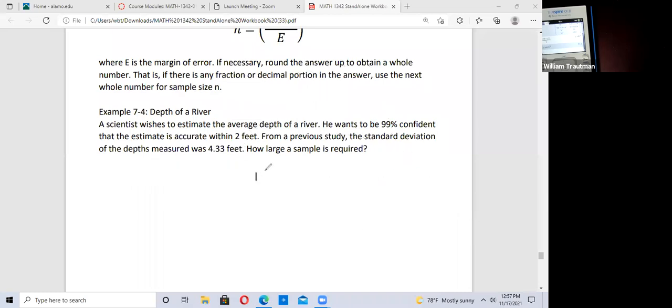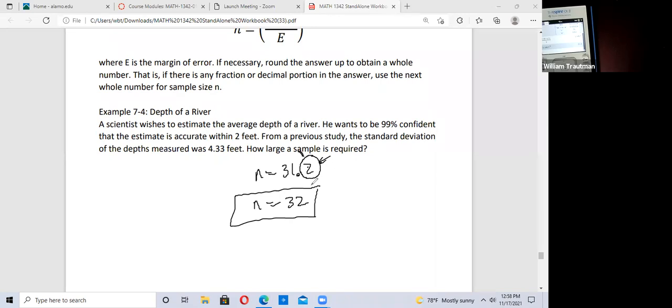Now, for N, we got 31.2. However, if there's any decimal, we round it up. We don't just round it, we round it up. So if there's any portion of the decimal left over in the N problems, you take it to the next higher whole number, even though it's not 5 or more.